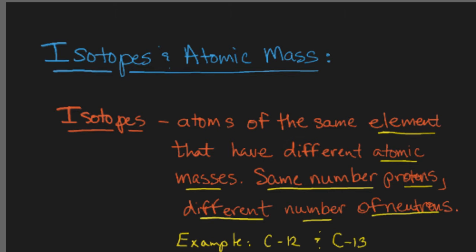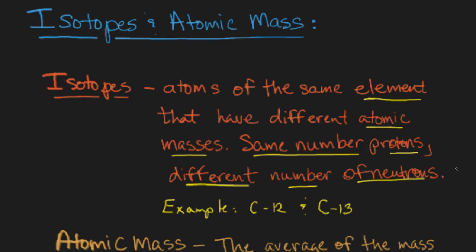So, for example, when you see C12 and C13, that's what that's talking about. They're stable isotopes in nature, mostly of carbon-12 and partially of carbon-13. Okay?